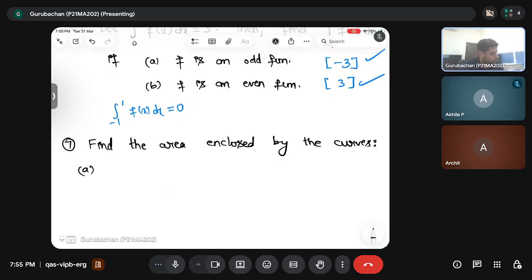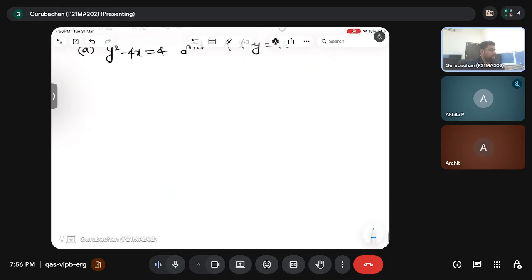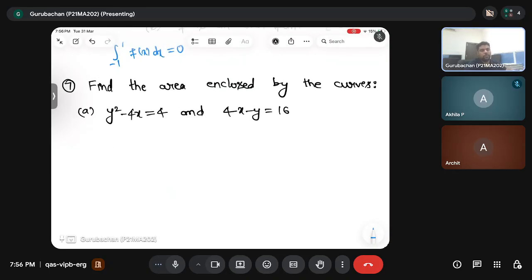So the first one is y equal to 4 and 4x minus y equal to 16. These two curves are given. Calculate the area enclosed by these two curves. See, obviously earlier we had given some shaded portion, you were given the points, but what if you have not been given anything?